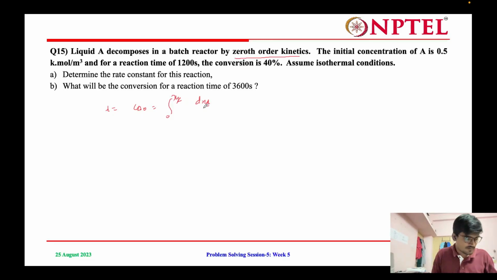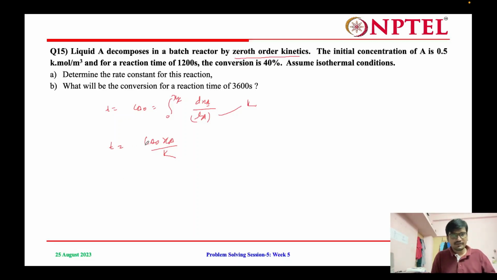So after integrating, you will get t equal to C A naught XA divided by k.